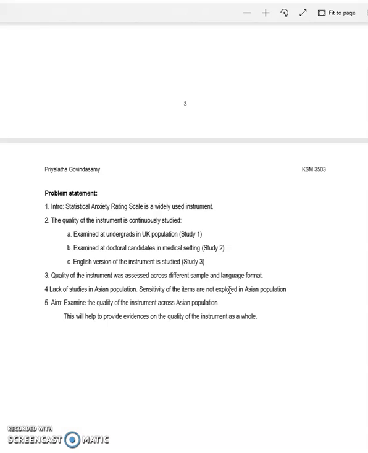So the problem that I would like to examine is how sensitive the items in the instrument are to the Asian population. So is this instrument appropriate to the Asian population? Why? If the instrument is appropriate, then it again talks about its quality, meaning how well the items measure across race.